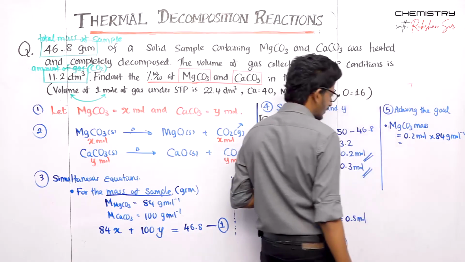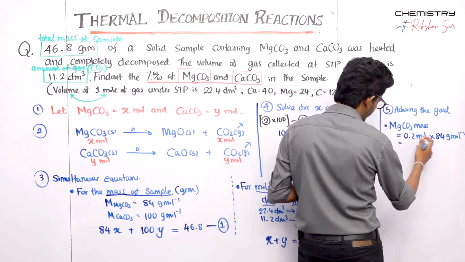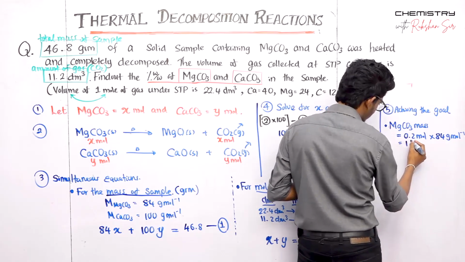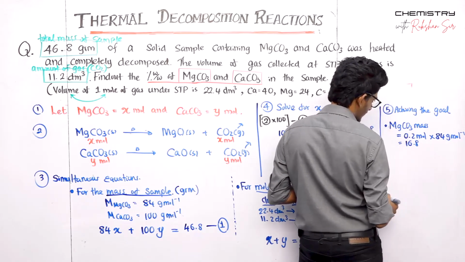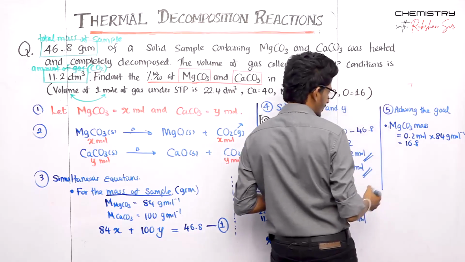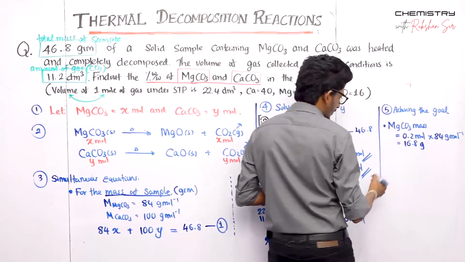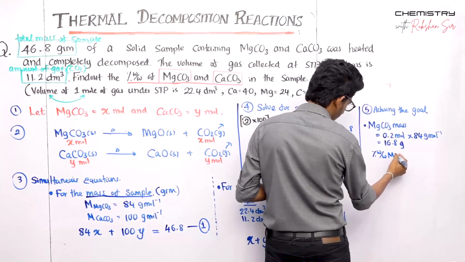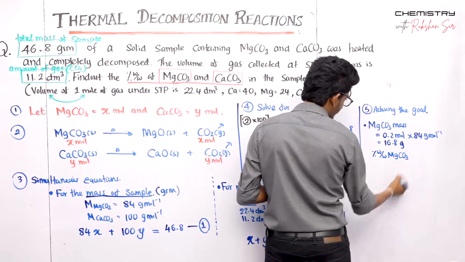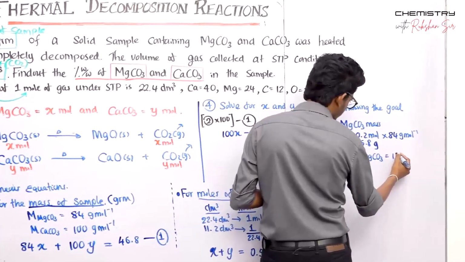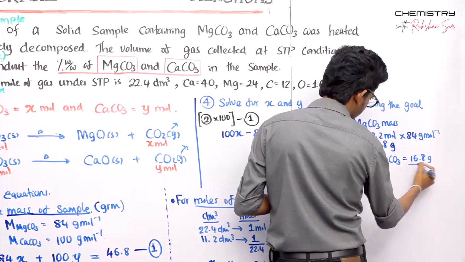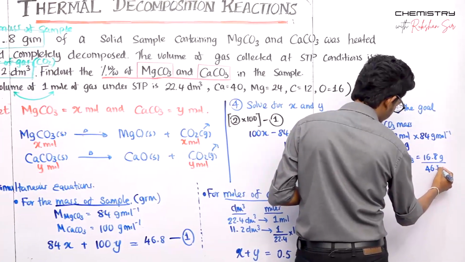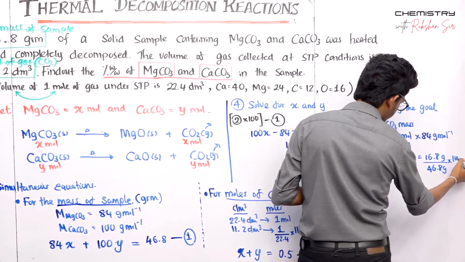So the value is going to be 16.8 grams. The percentage of magnesium carbonate is then 16.8 grams over the total mass, 46.8, into 100.